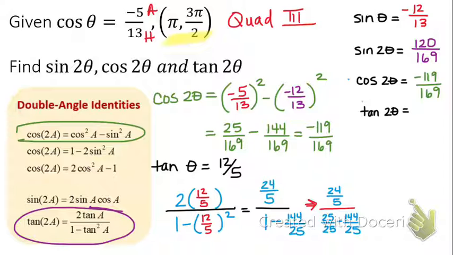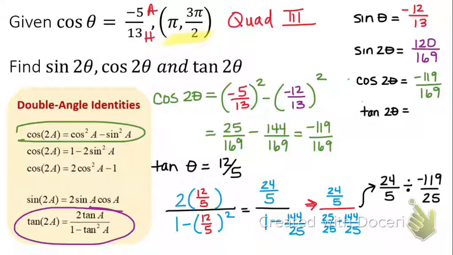Now we can go ahead and finish this out. I have 24 over 5 divided by, what's 25 minus 144? Negative 119. So it's 24 over 5 over 119 over 25, with the negative. How do you divide two fractions?